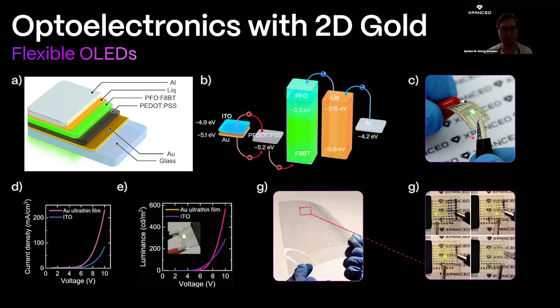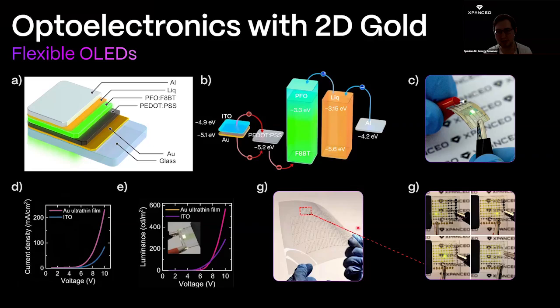As an example of these optoelectronics applications with our two-dimensional gold, we created flexible organic light-emitting diodes, and we replaced the indium tin oxide anode with our ultra-thin gold films as an anode, because it not only gives you greater mechanical flexibility, replacing brittle indium tin oxide with flexible ultra-thin gold, but it turns out that gold has a better band diagram, so you can see it provides a much smaller energy difference to PEDOT:PSS, which facilitates transfer of the charges, and because of that, you can see a very robust shining of the OLEDs and much better current density, much higher luminescence using ultra-thin gold films as a replacement of indium tin oxide.